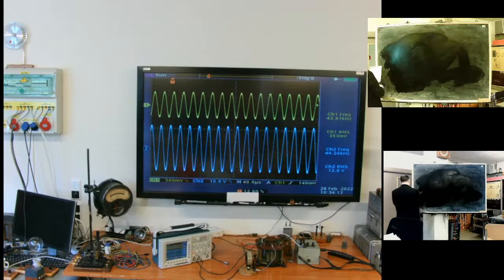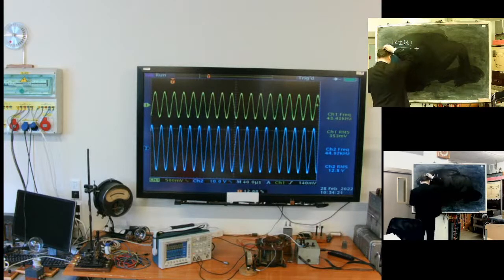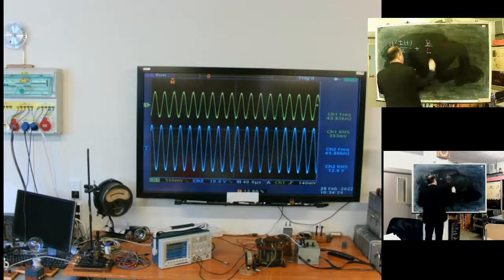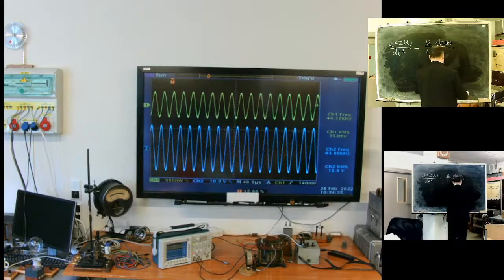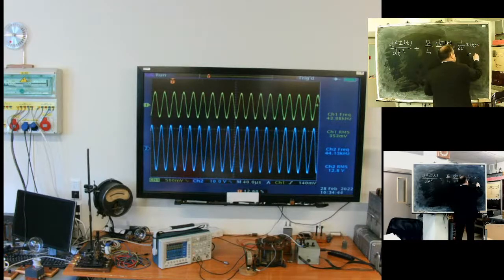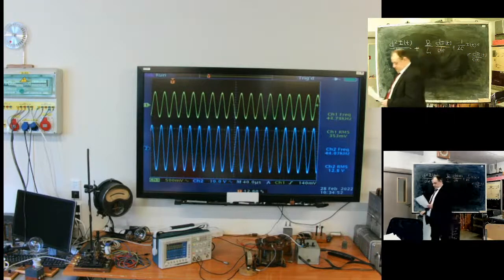We will get the second derivative of the current plus R over L times the first derivative of the current plus 1 divided by LC times the current equals the first derivative of the supplying voltage divided by L.